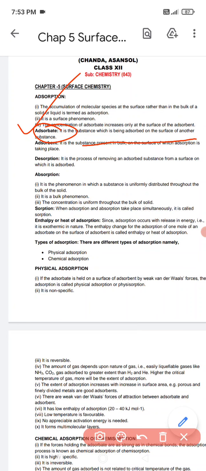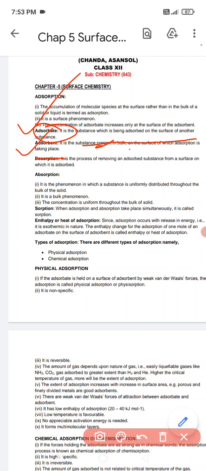Now the next substance we have is adsorbent. What is adsorbent? Adsorbent is the substance present in the bulk, on the surface of which adsorption takes place. Suppose we have spilled some water and I have put a thick piece of sponge. The surface of the sponge that is in contact with the water will adsorb it.